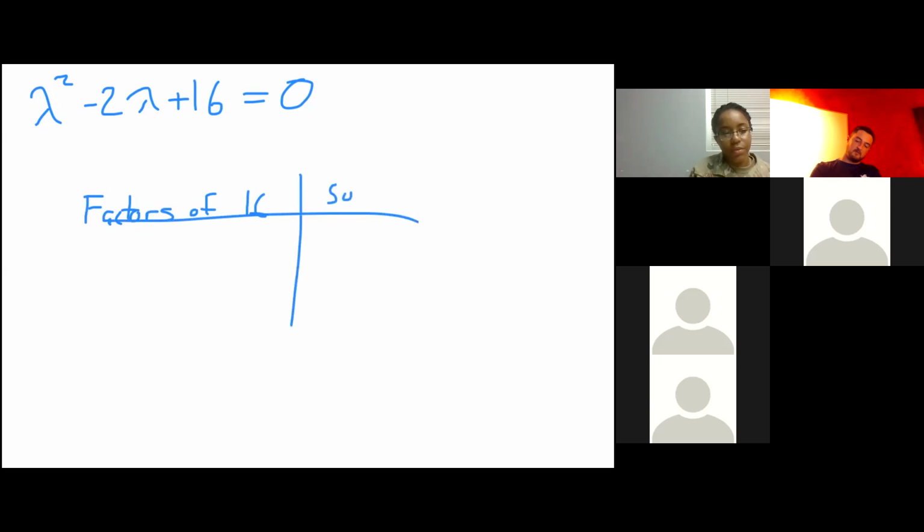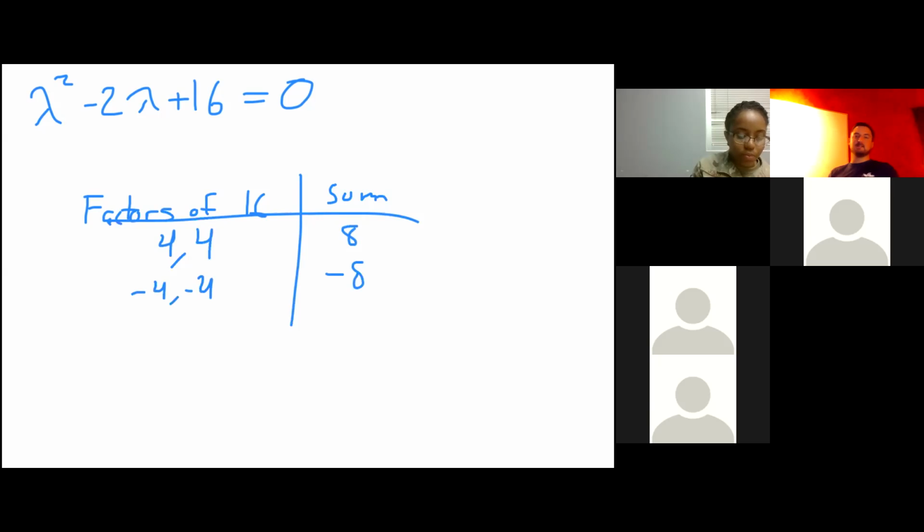4. All right, so 4 and what? Well, the only thing I can multiply 4 by to get to 16 is 4. If I add those together, I get a +8. And even if I did -4 and -4, the sum is a -8. So 4s won't work. What are some other options?